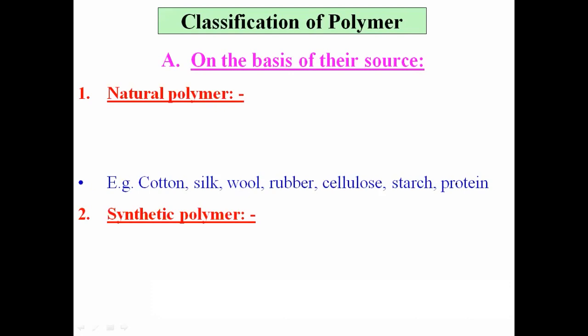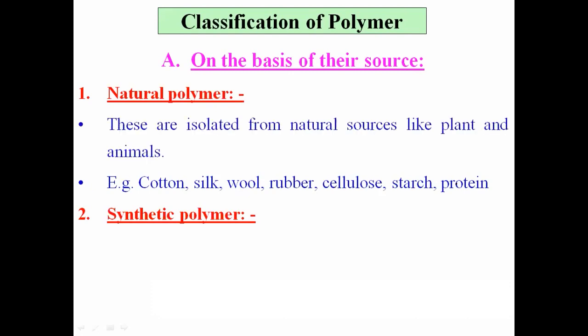They are isolated from natural sources like plants and animals. For example, cotton is isolated from the cotton plant, while silk and wool are isolated from animals.